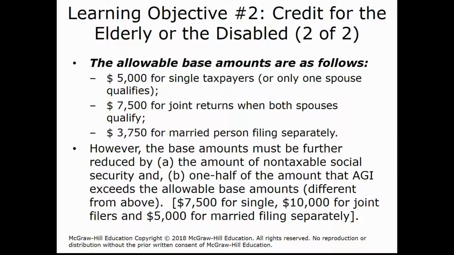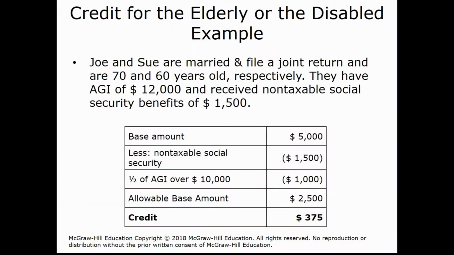However, these bases can be reduced further by the amount of non-taxable Social Security received. Again, this is only the non-taxable Social Security received. And then one-half of the amount of AGI that exceeds an allowable base. I'll go through it again. The only way to really understand some of these convoluted qualifications for these credits is to demonstrate them in some problems I'll be going through in the next video.